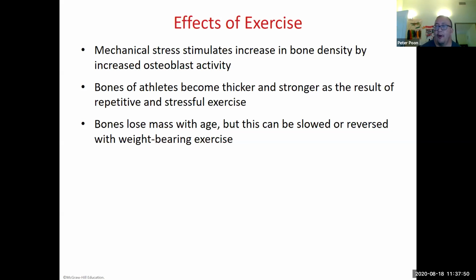So for people like tennis players, like Serena Williams, her bones in her right arm will undoubtedly be thicker than the bones in her left arm because you hold the racket in the right arm all the time, and you can see this in other people too. The most obvious being medieval knights.